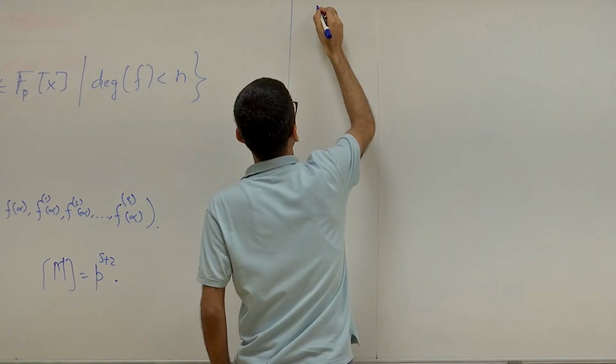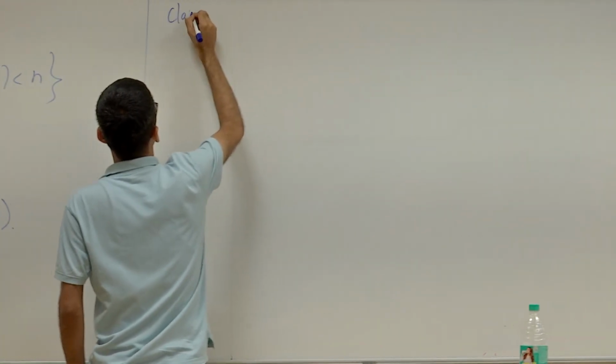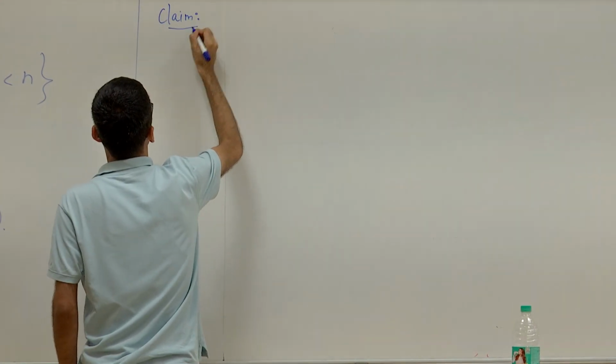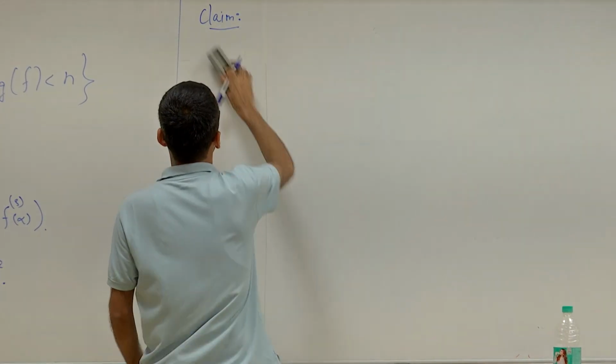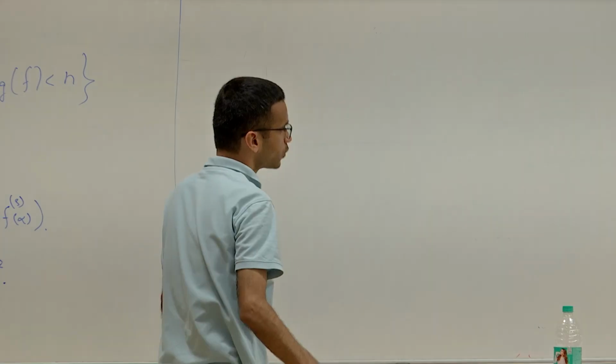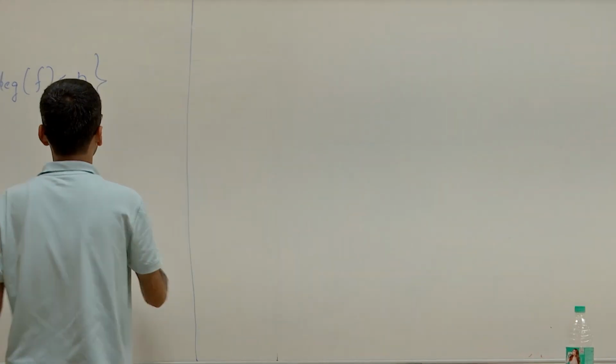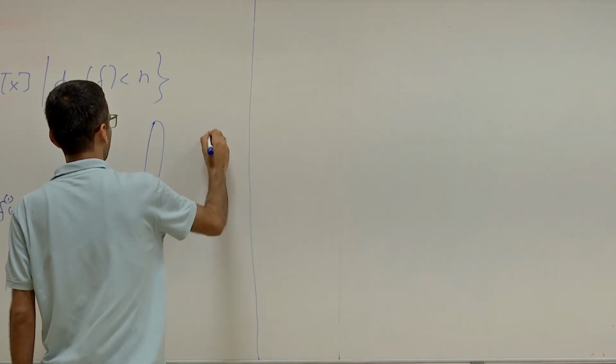So here's the main technical claim. Actually, we need some notation before we can state the claim. So what is it that we need to show? Remember the picture was this.